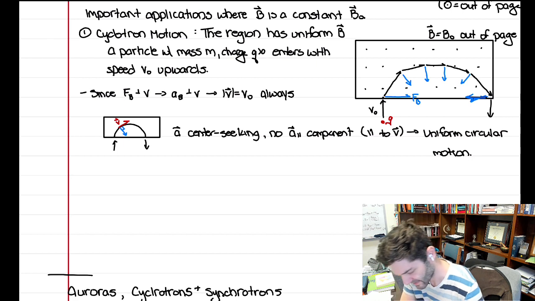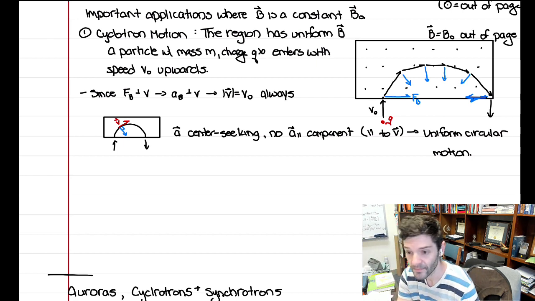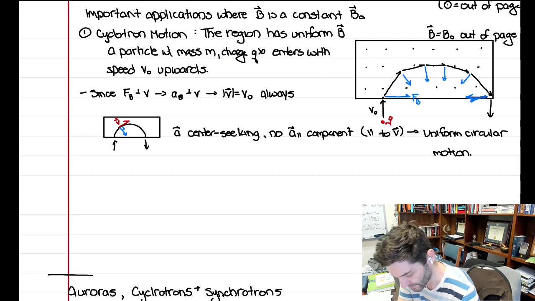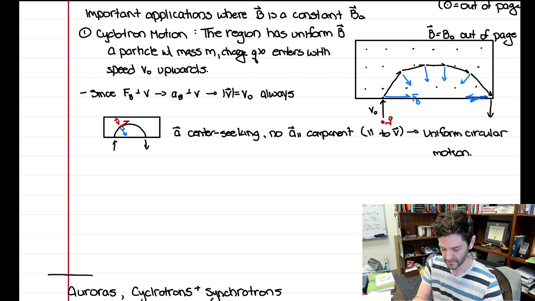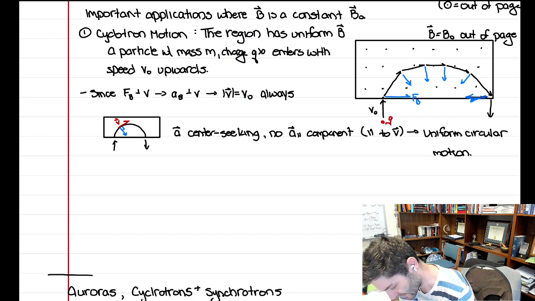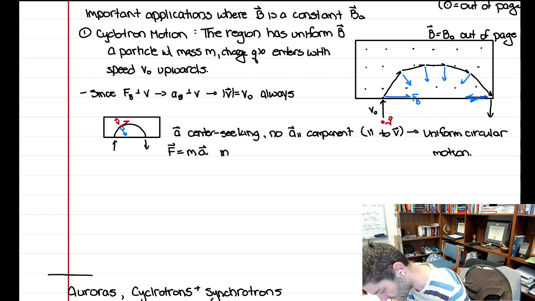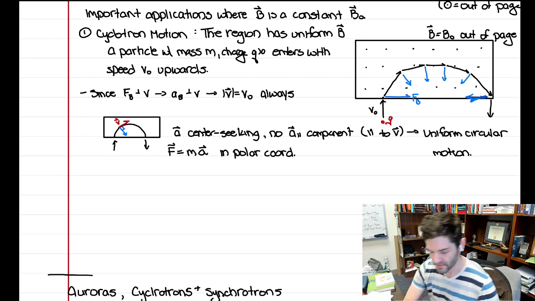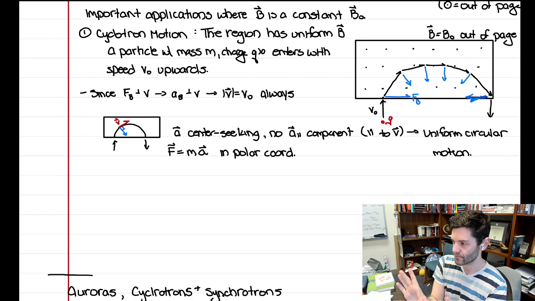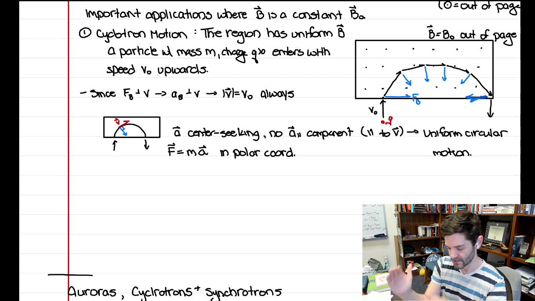Now, one acceleration that seems out of the blue, an idea to memorize. But again, it comes up in a lot of different contexts. It's worth knowing when you work out the math. It's easy to work out in polar coordinates. I don't know how much of that you did in Physics 1, so I don't want to confuse the matter too much. But the simple F equals ma problem, right, F equals ma. And again, if I did this in polar coordinates, which means that my directions aren't x, y, and z, but in and out of the circle, radially towards or away from the center of the circle, and then tangential to the circle.